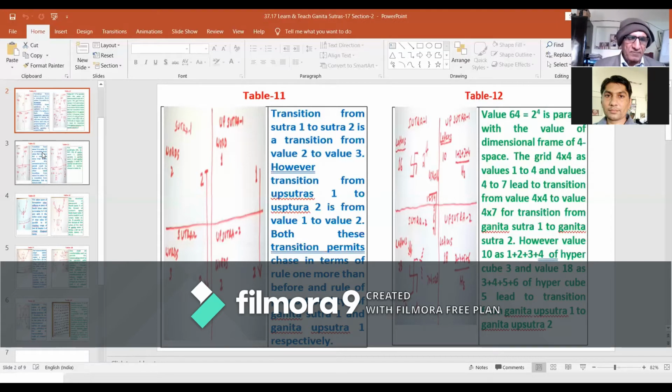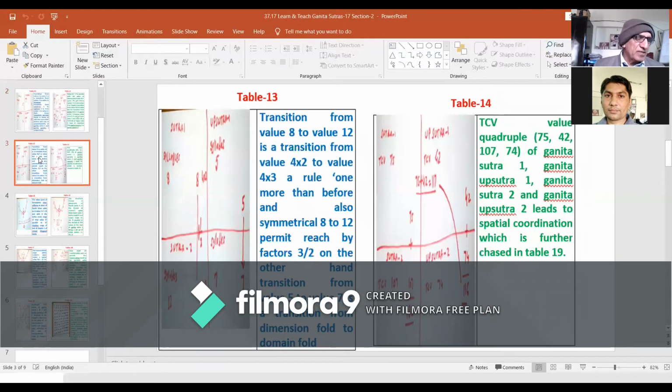Table 13 is taking us to the syllables, to the transition reach from Ganita Sutra 1 to Ganita Sutra 2. In terms of syllables it comes to be a reach from value 8 to value 12, and 8 is 2 cross 4, while 12 is 3 cross 4. So the working rule, one more than before, is playing its role.